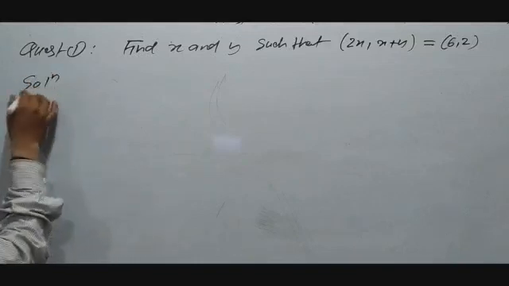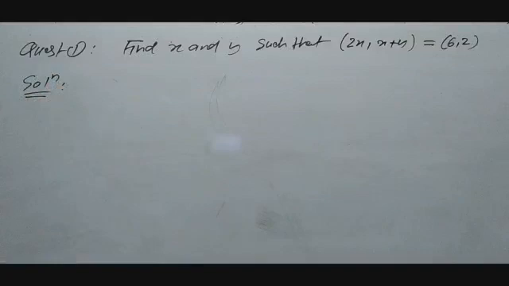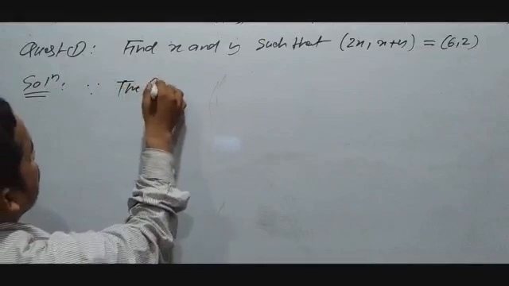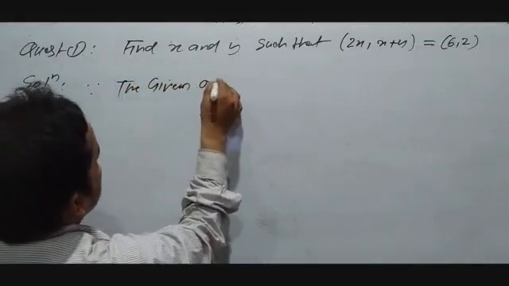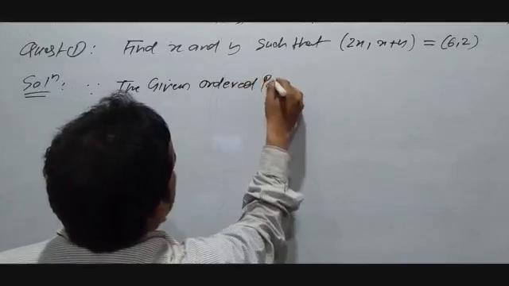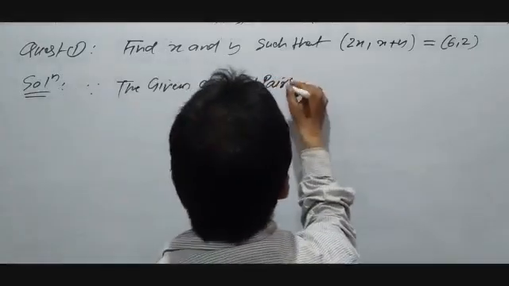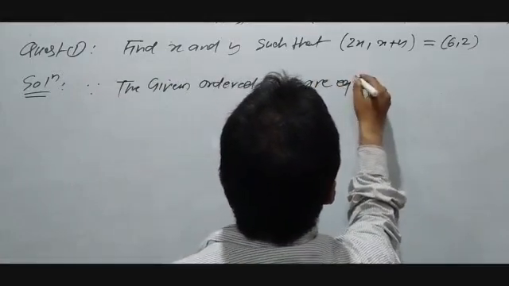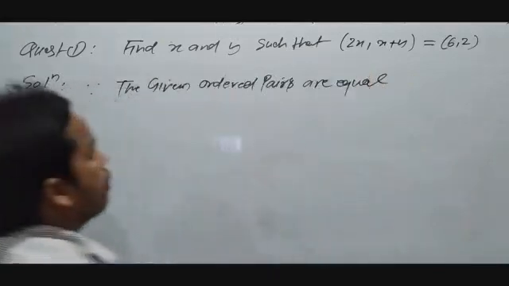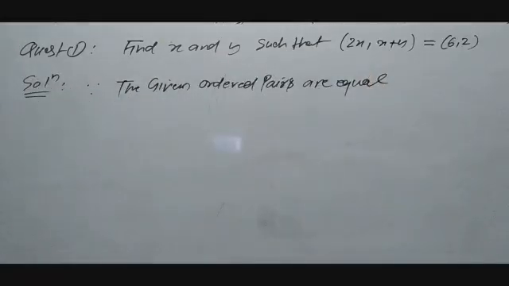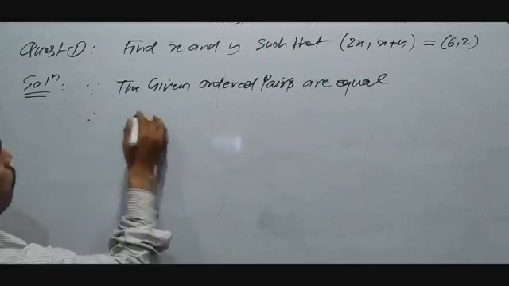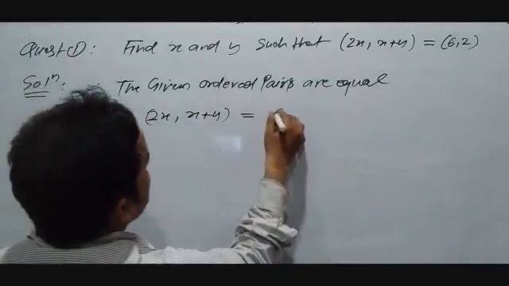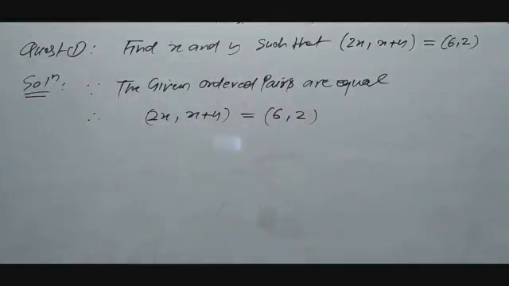So solution: from this question it is clear that this is an ordered pair, since the given ordered pairs are equal. Therefore (2x, x + y) is equal to (6, 2).